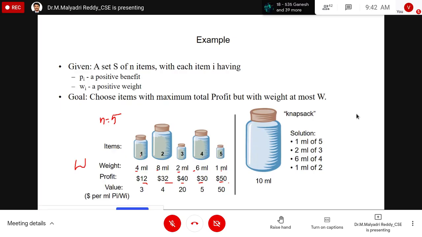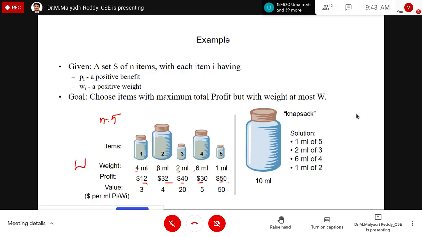Whenever you insert item 1, that means 4 ml, you earn $12. When that item is inserted, you gain profit. Next, 8 ml has a profit of $32, 2 ml has a profit of $40, 6 ml has a profit of $30, and 1 ml has a profit of $50.